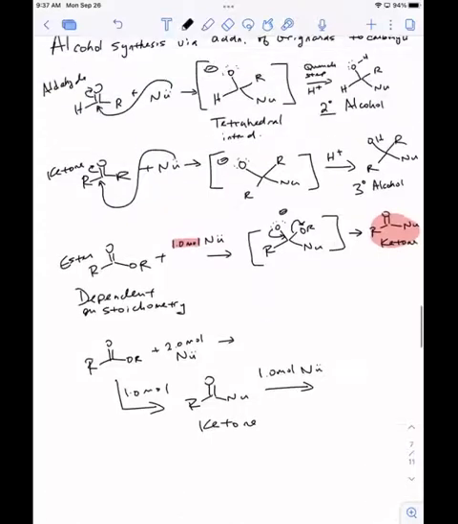What happened up here when I added a nucleophile to my ketone? You got an alcohol.